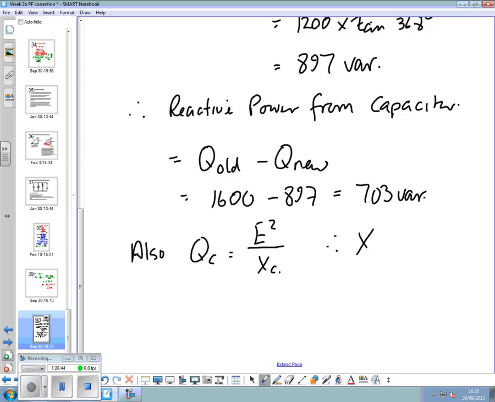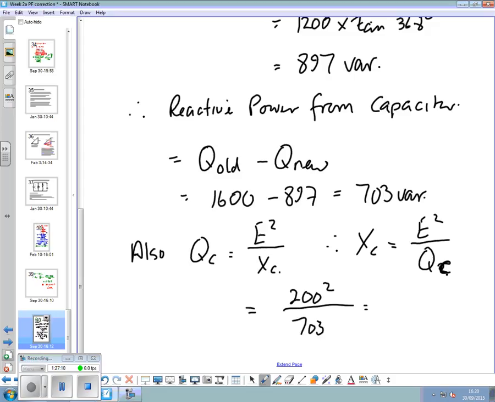Therefore, XC is equal to E squared over QC, and that equals 200 squared over 703.